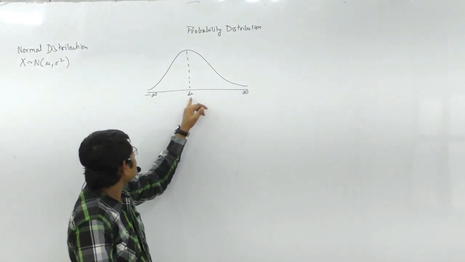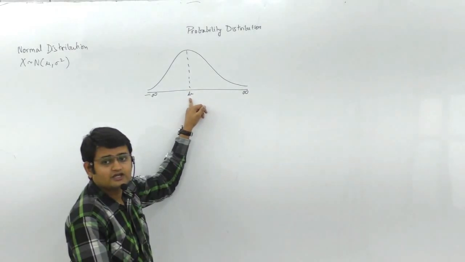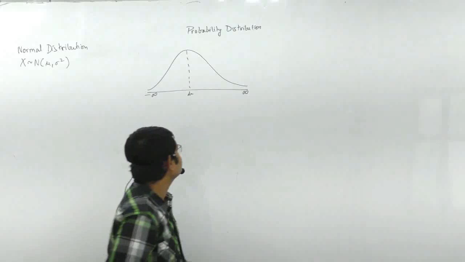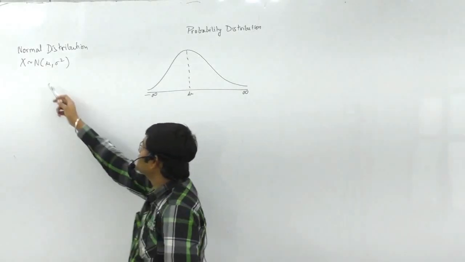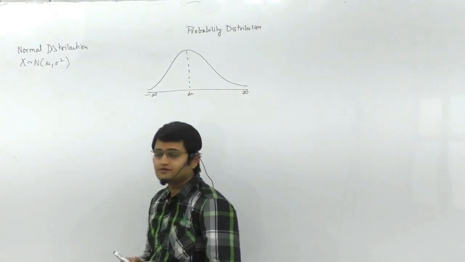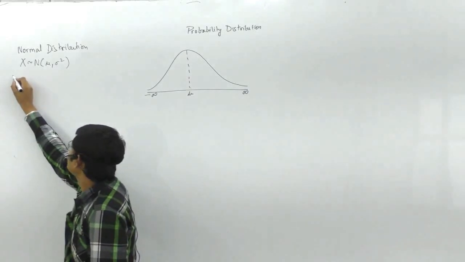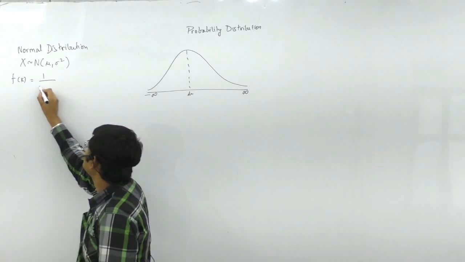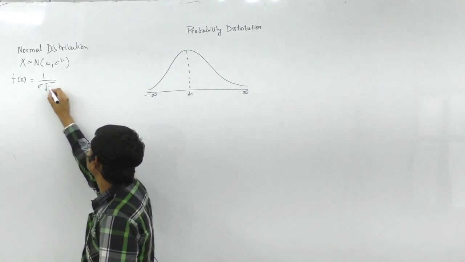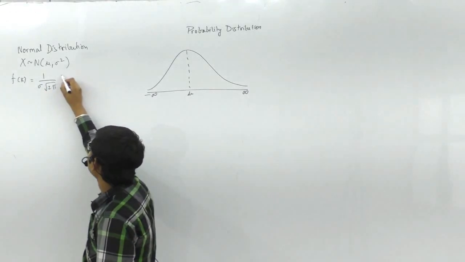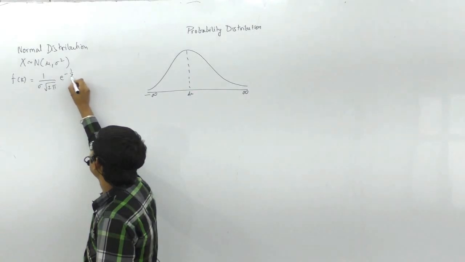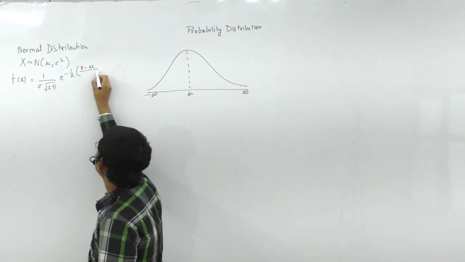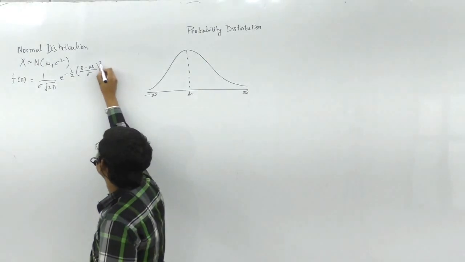Now, normal distribution is symmetric around mu, or its mean. A normal distribution has parameters mu and sigma square, where the probability density function f(x) will be 1 by sigma root 2 pi, e raised to minus half of (x minus mu upon sigma) whole square.